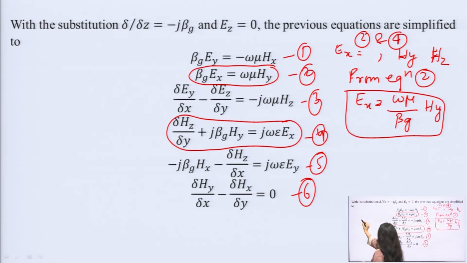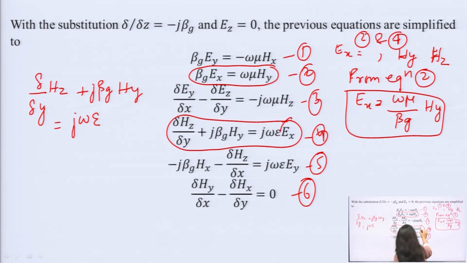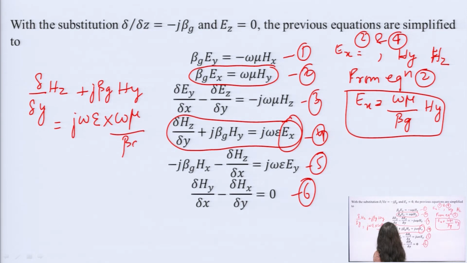On substitution, what are we getting? Del upon del z Hz plus j beta g Hy is equal to j omega epsilon, and in place of Ex you write omega mu upon beta g Hy.